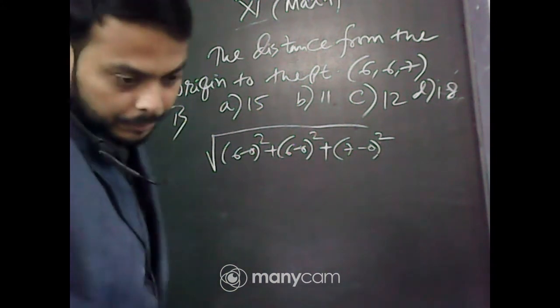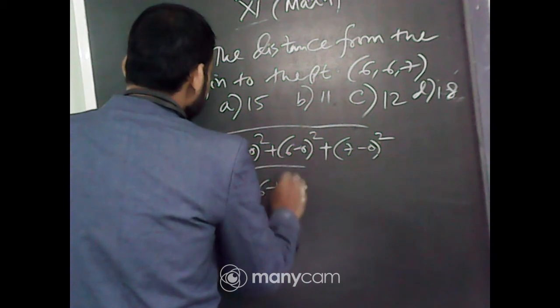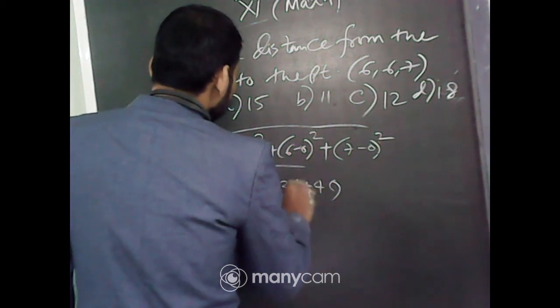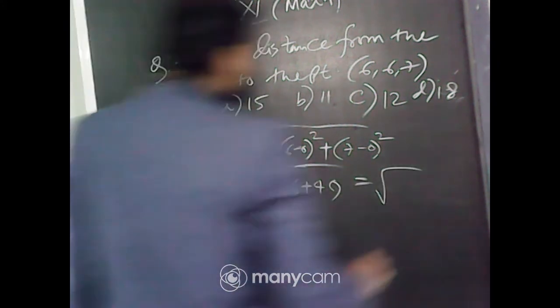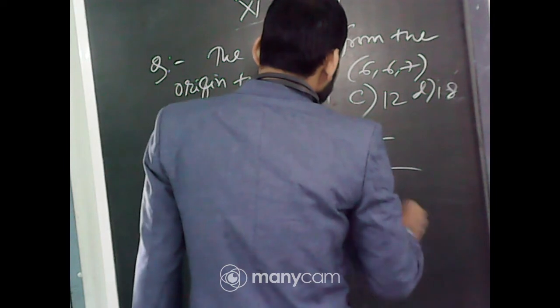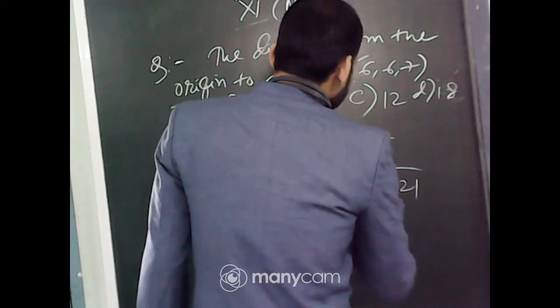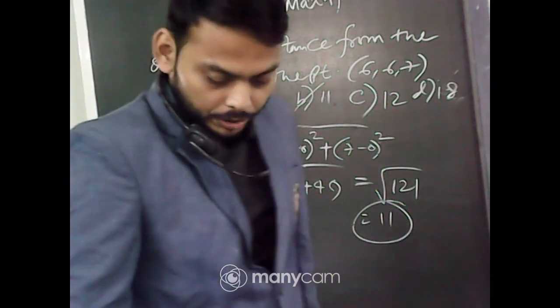Isn't it? So root over 36 plus 36 plus 49. That means root over 121. So 11 is the answer. That is option B. Isn't it?